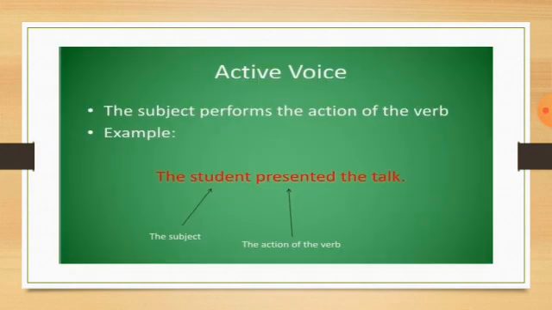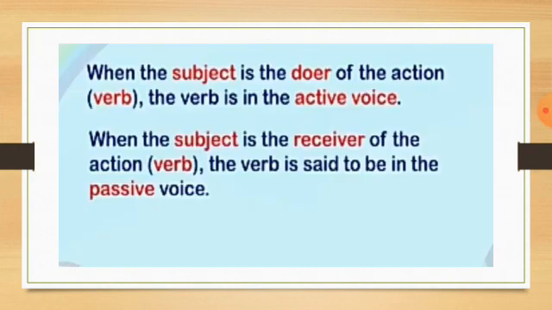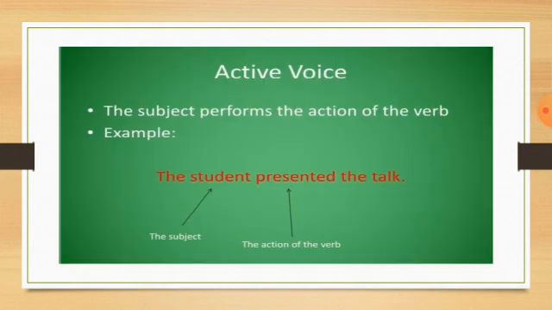So which means that active and passive voice refers to whether the subject or the object in the sentence performs the action of the verb. If the subject performs the action of the verb, then it's active voice, and if the object performs the action of the verb, then it is passive voice. Clear? Alright, now just see the examples.